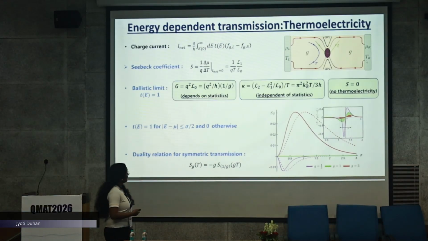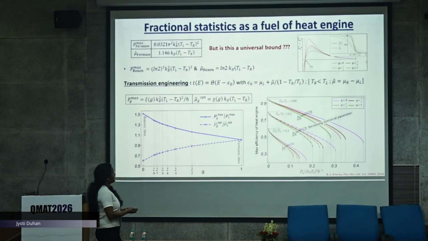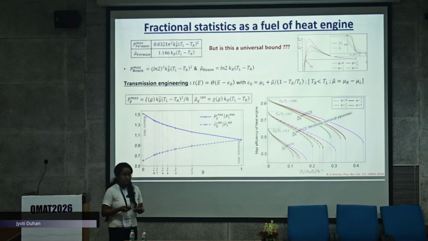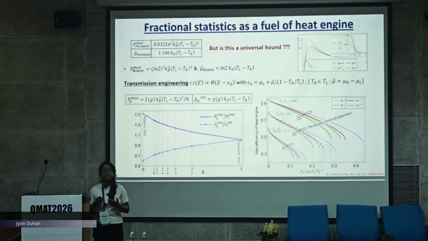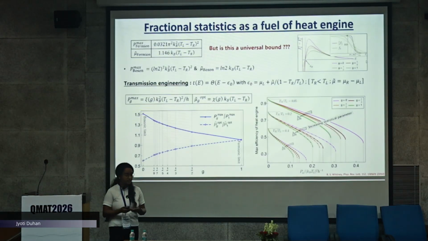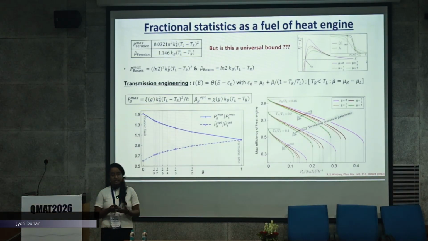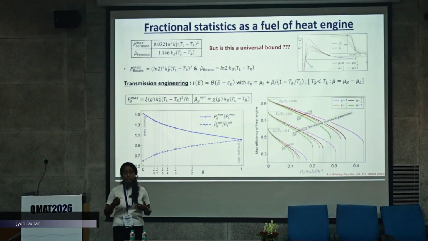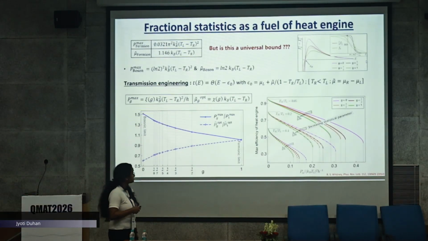So since now we have a thermoelectric effect for G not equal to 1, we want to apply it in the heat engine platform. The maximum efficiency for a heat engine is bounded by the Carnot efficiency, but at that efficiency the net power output is 0. So for real engines we want to have a finite power output.